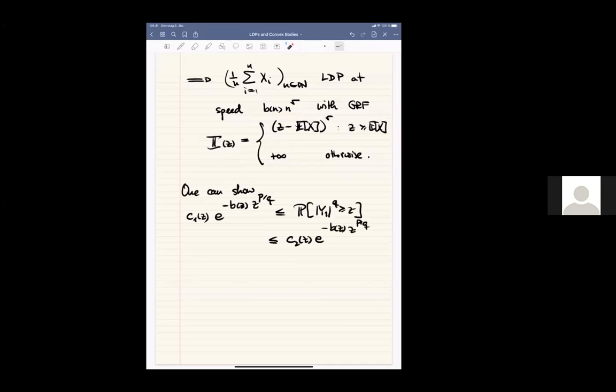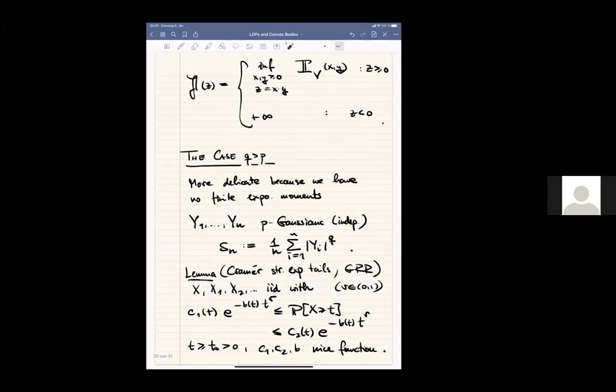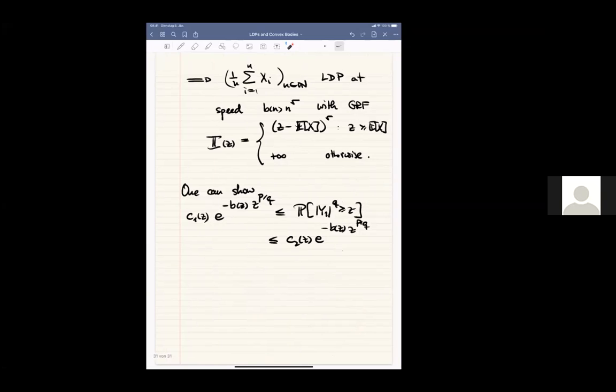Remember, we're in the case that q is larger than p, so this is our r. These were the tails, and essentially r is then p over q.